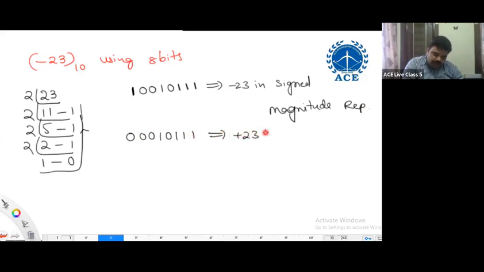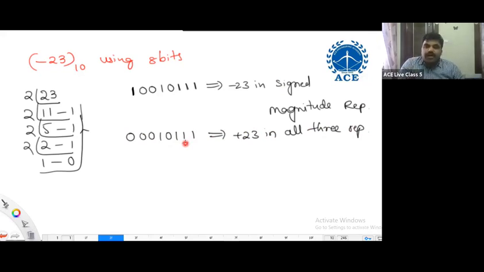Plus 23 in all 3 representations. Any doubt in that? MSB is 0, magnitude is 23. MSB 0 positive, right? It is plus 23, in all 3 representations.